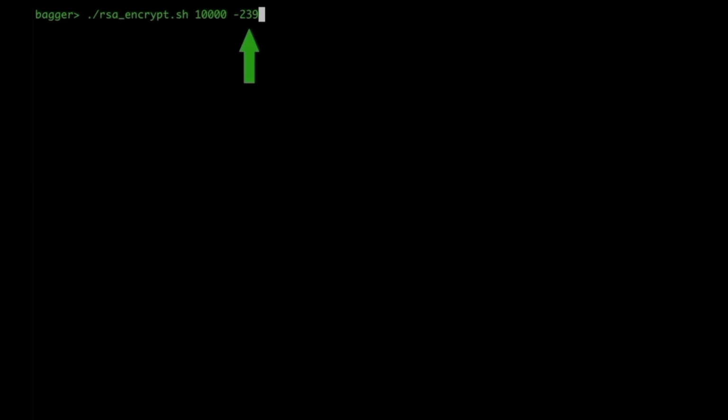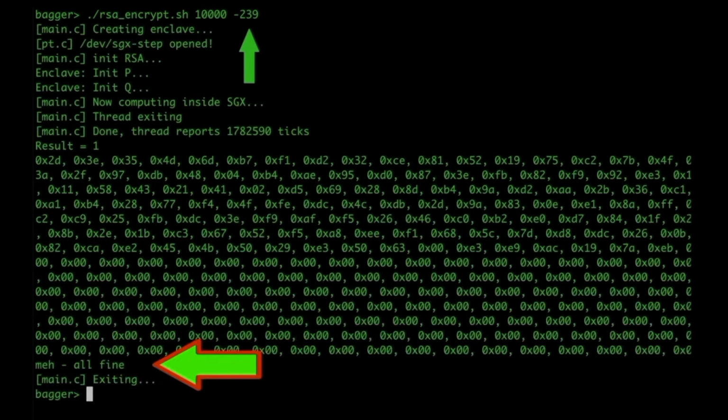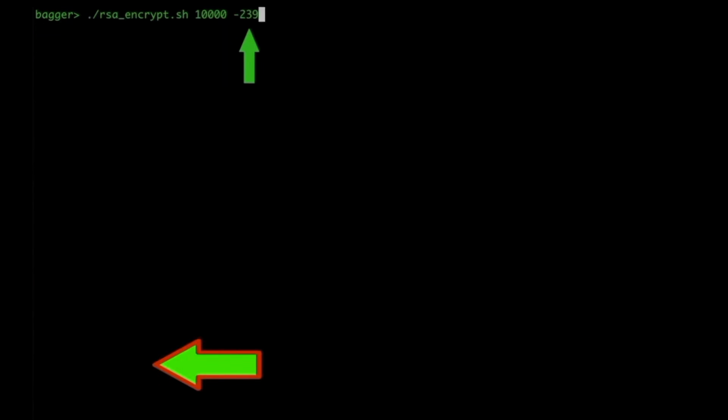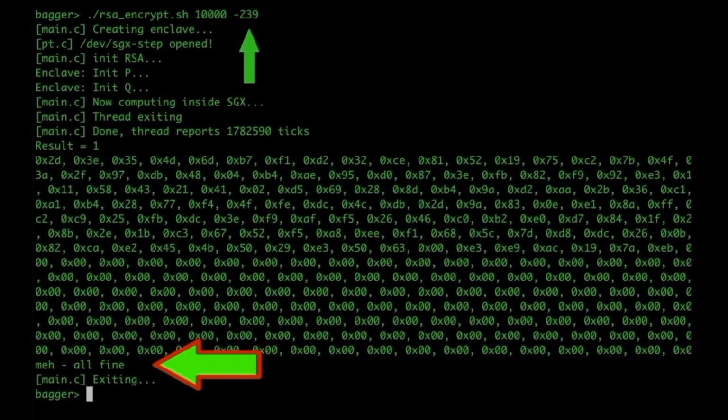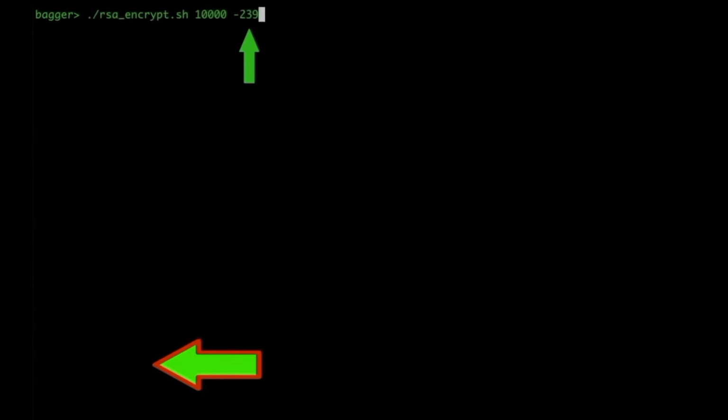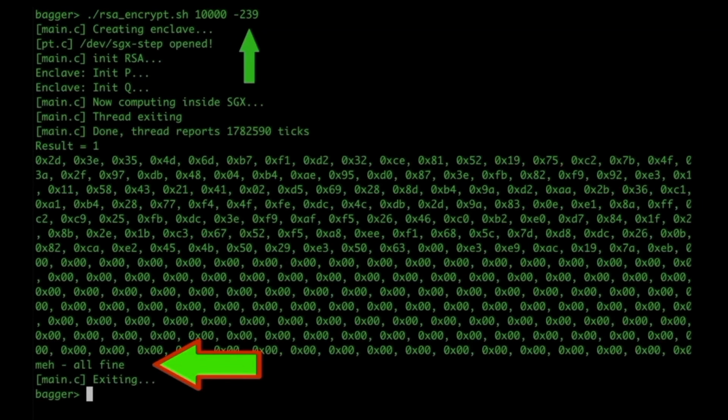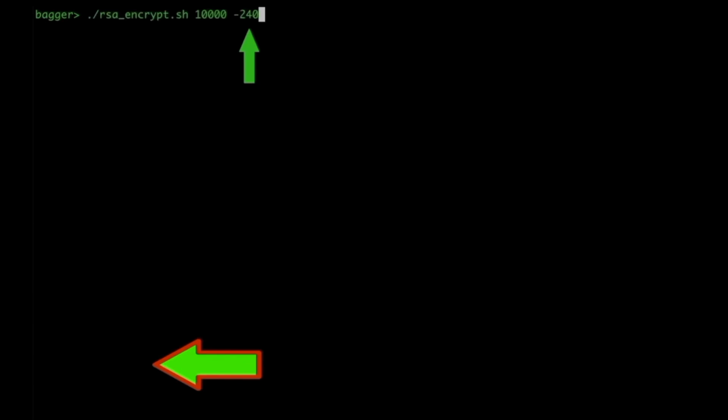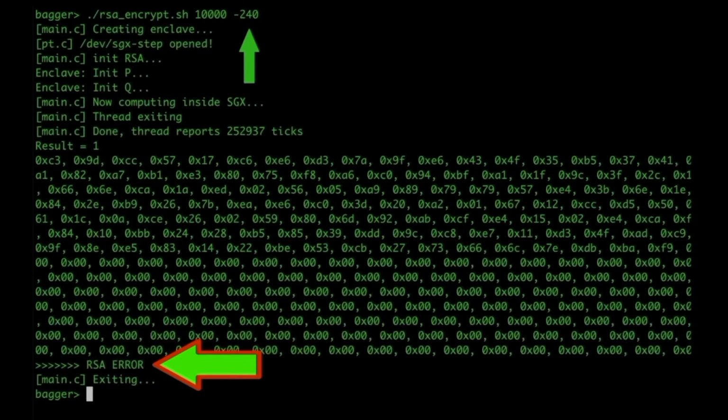We can see in this video that we do an RSA decryption and actually first get a correct result, even though we're undervolting. So we try again and get a correct result. Let's do another try, and again we get a correct result this time. Now if we try a fourth time, finally we get our desired faulty result.